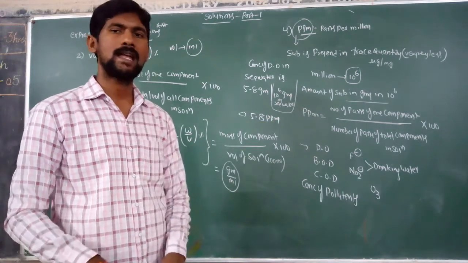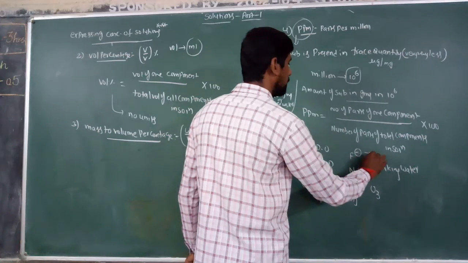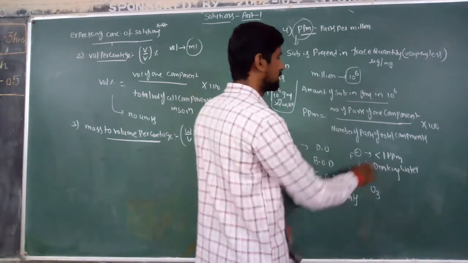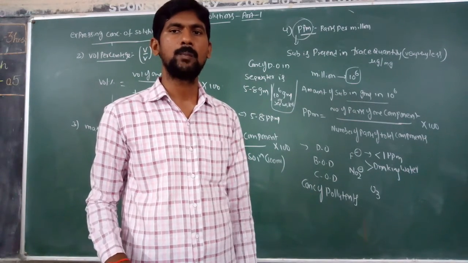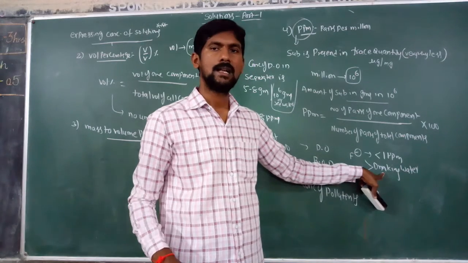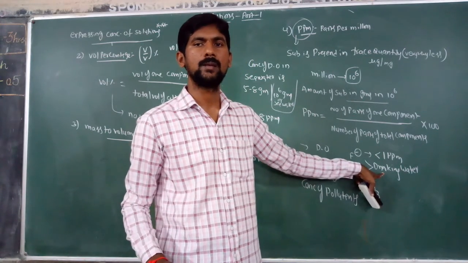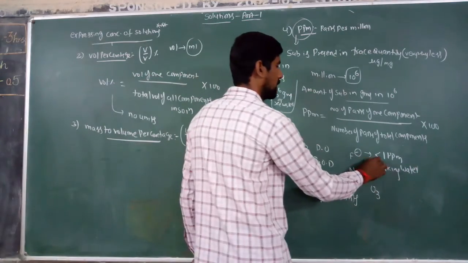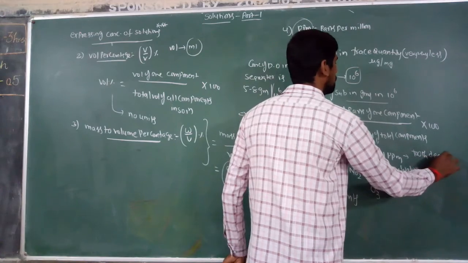Similarly, fluoride ion concentration. If fluoride ion concentration is less than or equal to 1 ppm in drinking water, it prevents tooth decay.